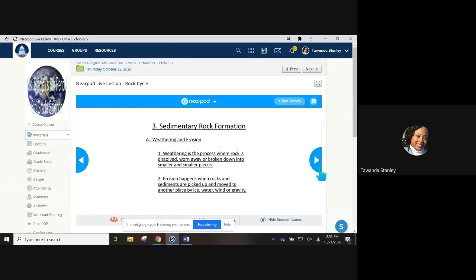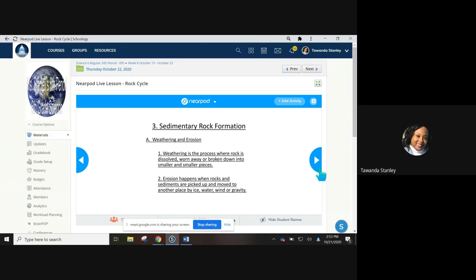Weathering and erosion. Weathering is the process where rock is dissolved, worn away, or broken down into smaller and smaller pieces. When I think about the word weathering, I think about, as it states, the breakdown of rock into smaller pieces. Okay.